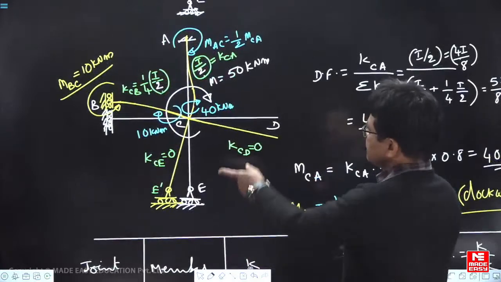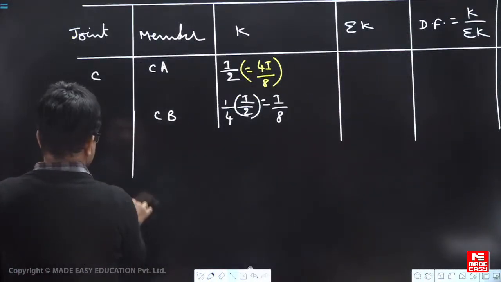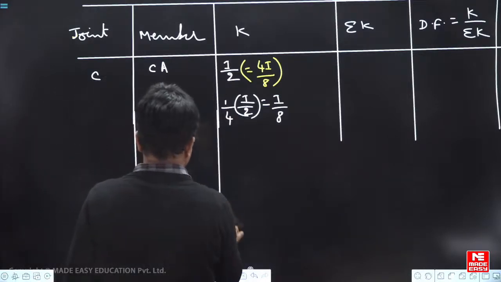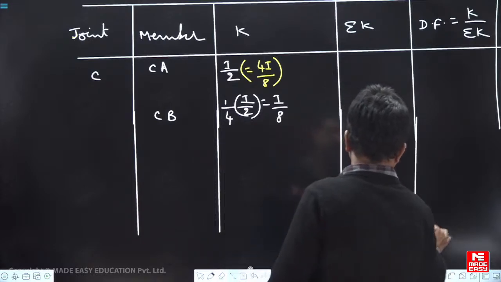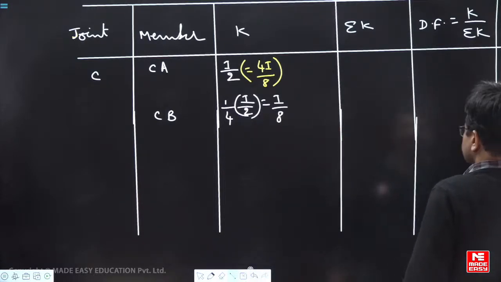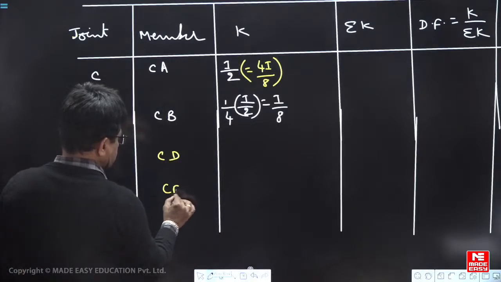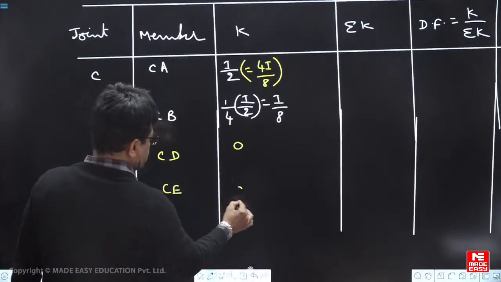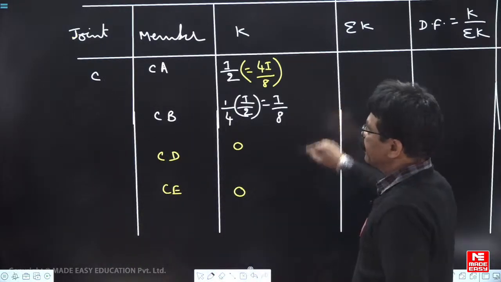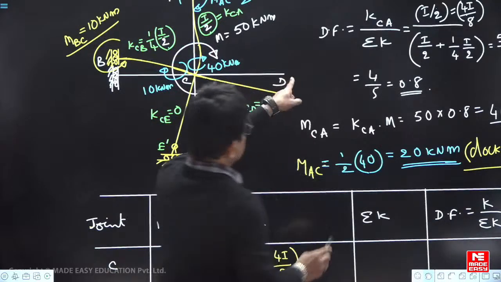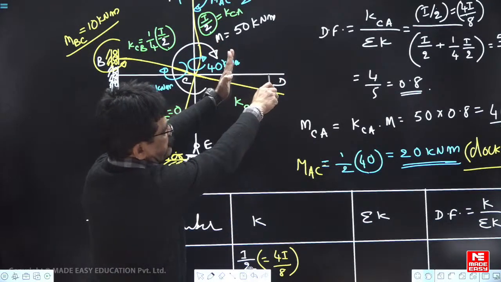Next, CD, CE members. Relative stiffness is 0. Why? It becomes 0 when your far end is free. Stand here, look to the right side, bending moment is 0.